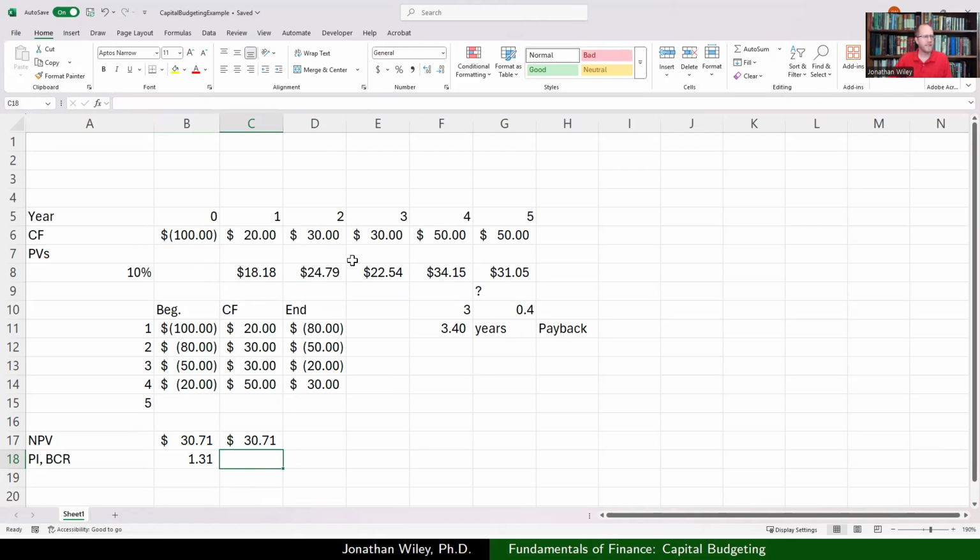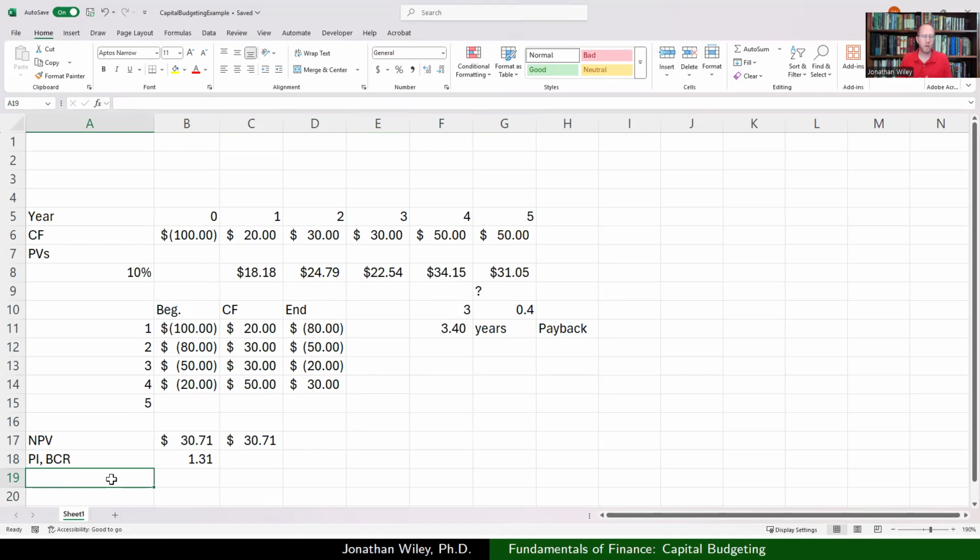Now, if I had some other negatives out here, let's say this cash flow here was a negative 30, I would need to find the present value of that negative 30, combine it with the negative 100 to find the total present value going out. Then I would take the positive present values and put those together to get the present values coming in. So just be careful if you've got some negatives in the future when you're calculating the profitability index or benefit cost ratio.